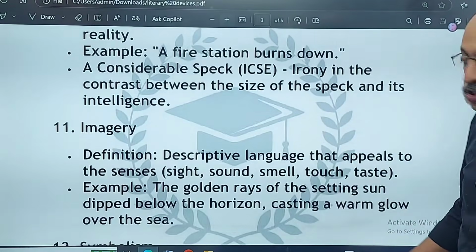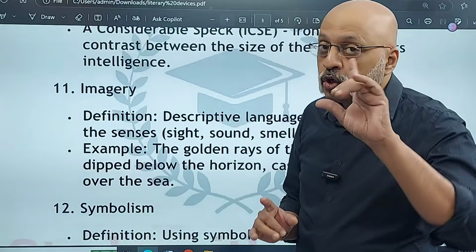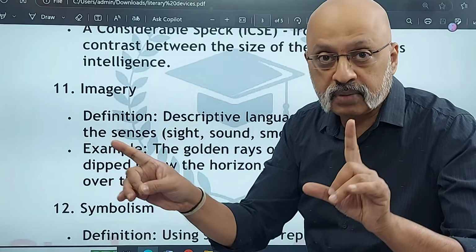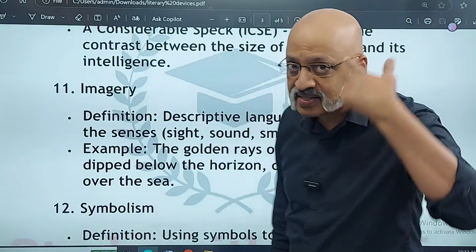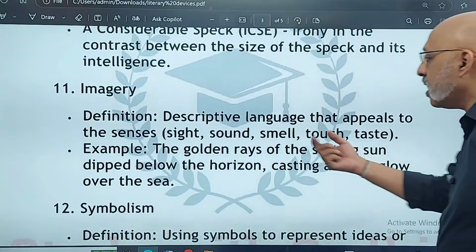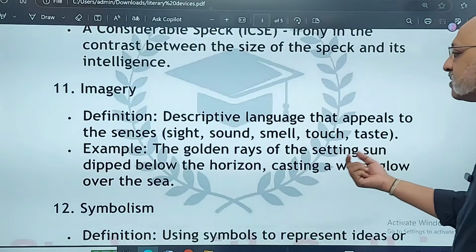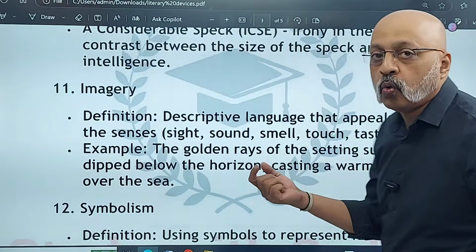Then we come to imagery. Now, imagery is essentially descriptive language. Do not get confused between imagery and metaphor. Descriptive language that appeals to the senses: the sense of sight, the sense of sound, smell, touch, taste. The golden rays of the setting sun dipped below the horizon, casting a warm glow over the sea.